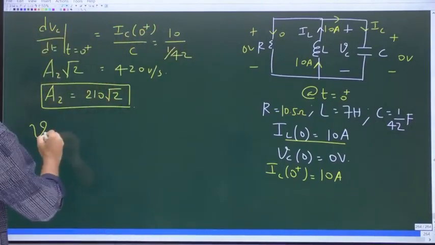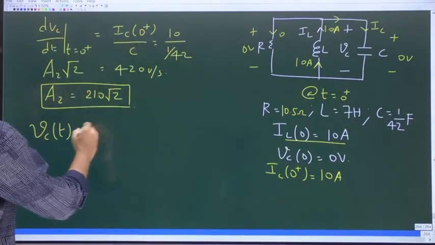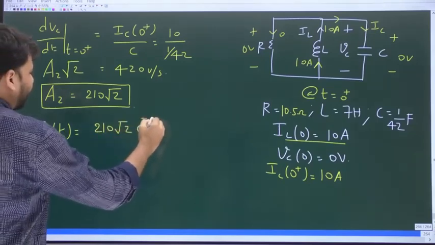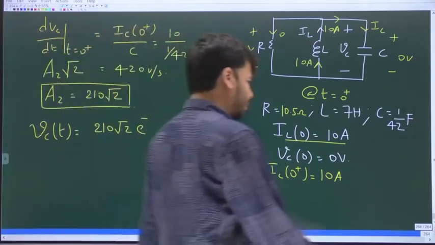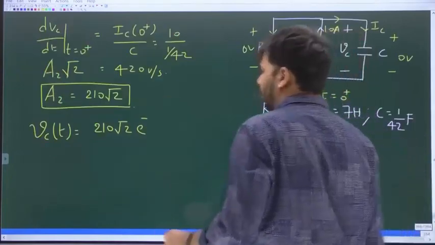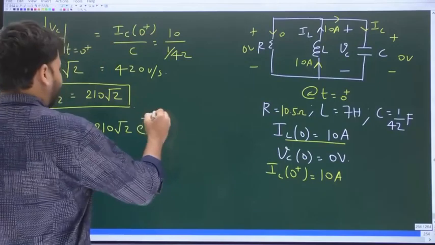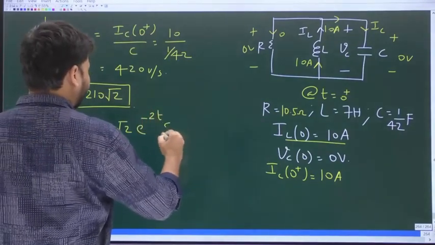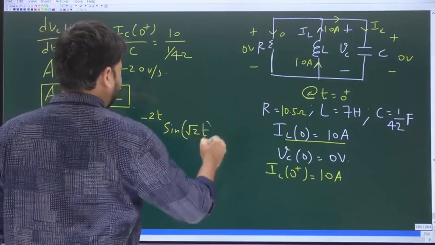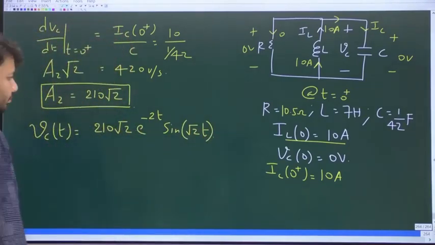So now Vc of t is 210 root 2 e power minus 2t sine root 2t. That's all.